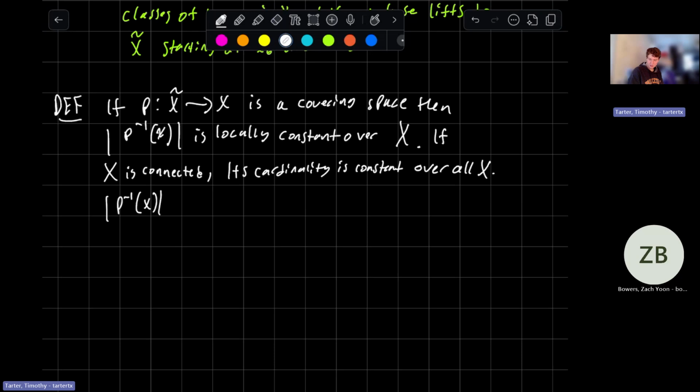P inverse of x is the number of sheets of the covering. Yeah, and so this is our way of keeping track of the index.